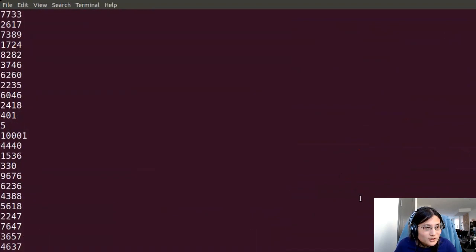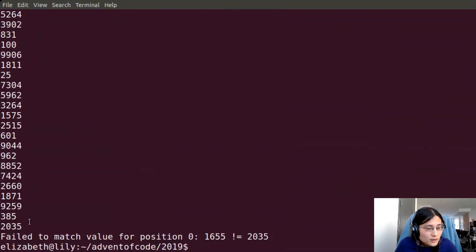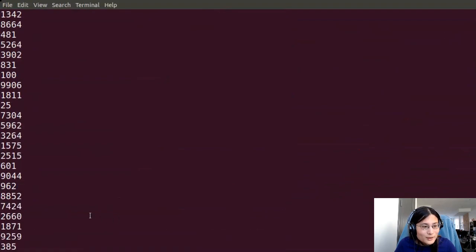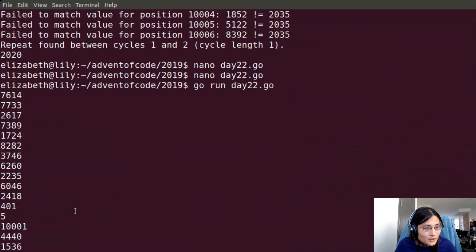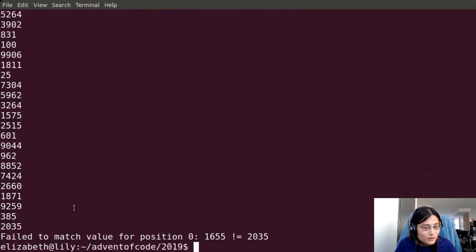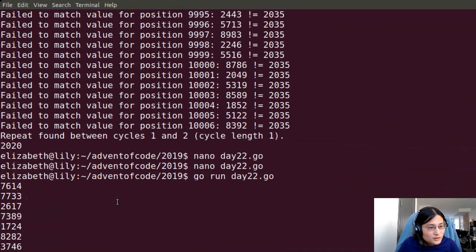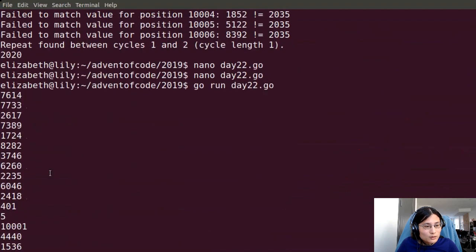So at position 0, I indeed wind up at 2035 by the end, reversing each step backwards. That's fascinating. So, what have I done wrong here?